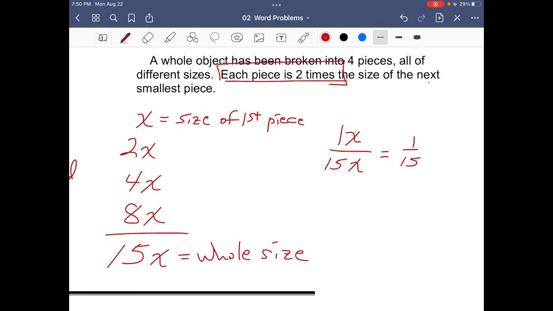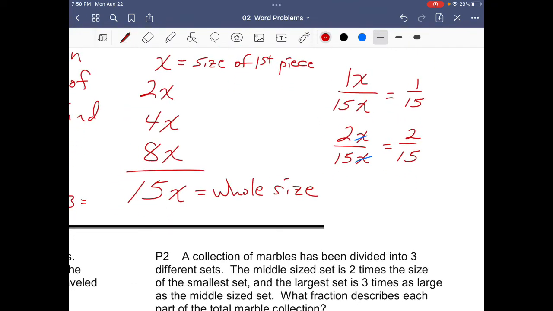The next piece represents 2 x's out of the 15 x's. Now these x's are going to cancel. I forgot to mention that. But that means the next piece represents 2 of the whole 15. Are you catching on? We're going to have 4 of the whole 15, and then the last one's going to be 8 of the whole 15.